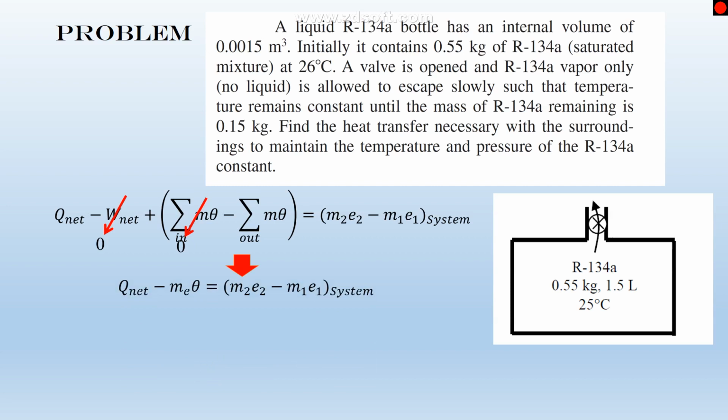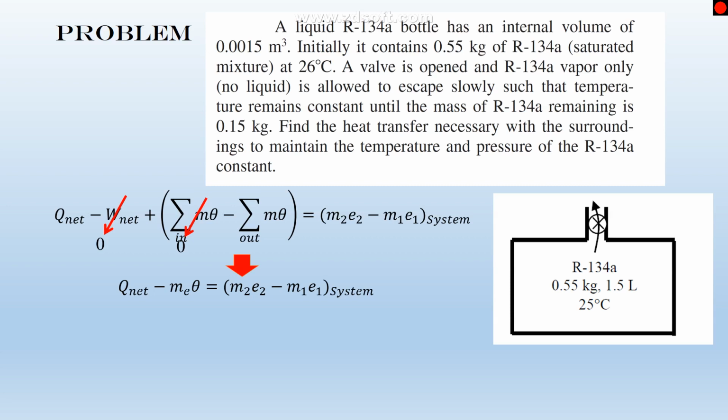So if you remember, guys, theta is a combination of enthalpy, kinetic energy, and potential energy, and e is a combination of internal energy, kinetic energy, and potential energy. In this case, we can simply assume that the kinetic energy and potential energy of this system is constant.